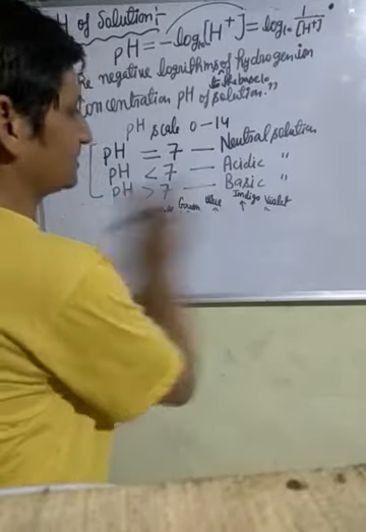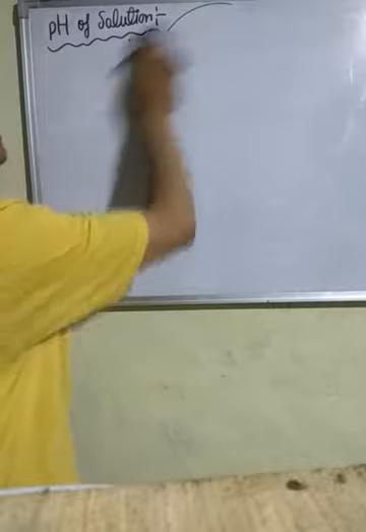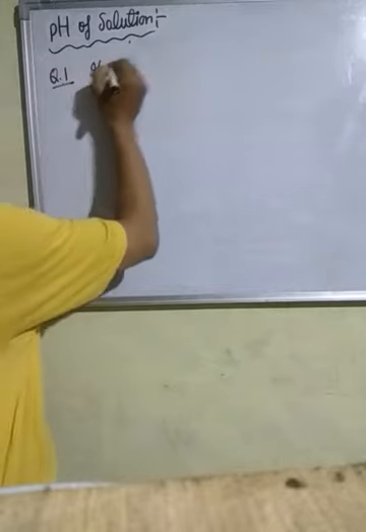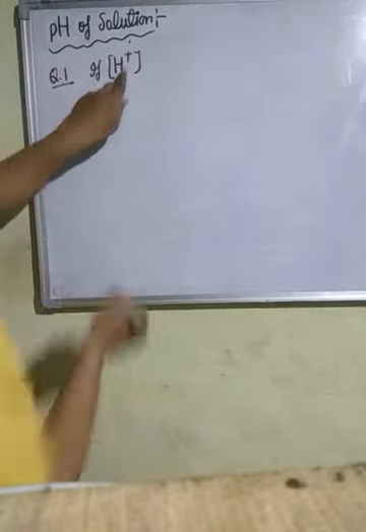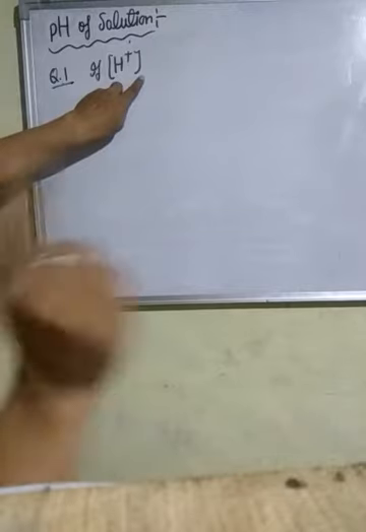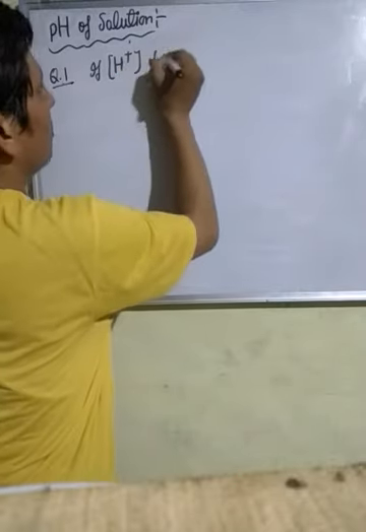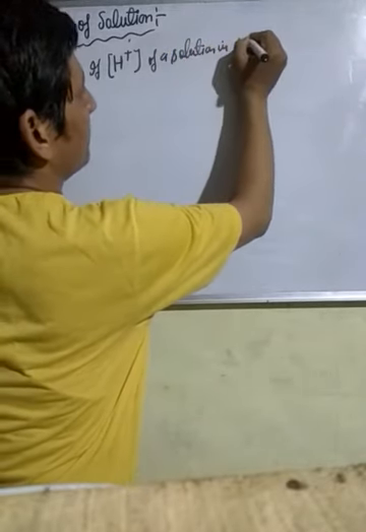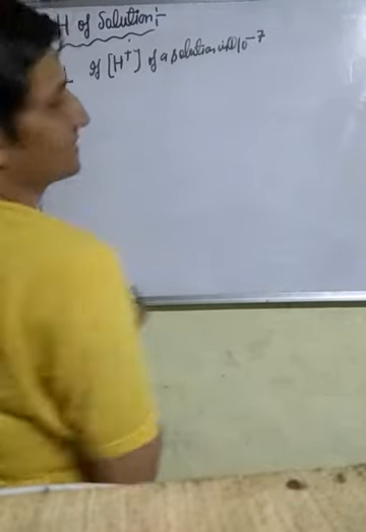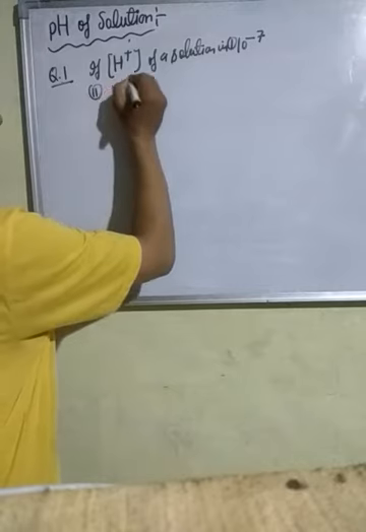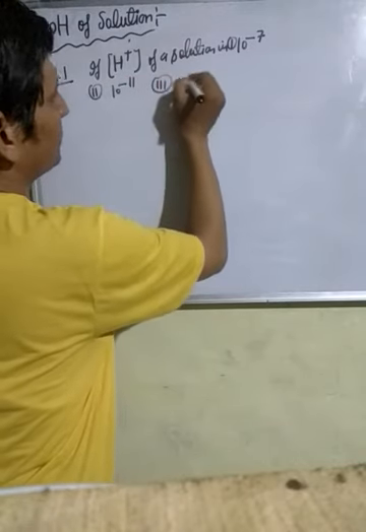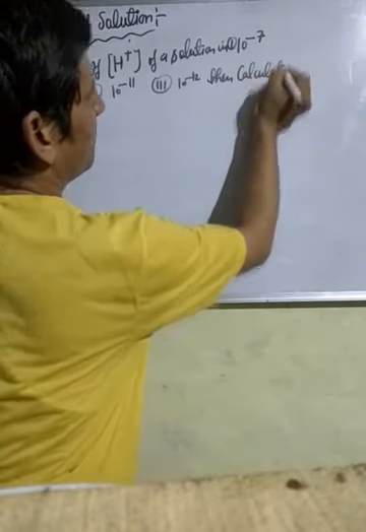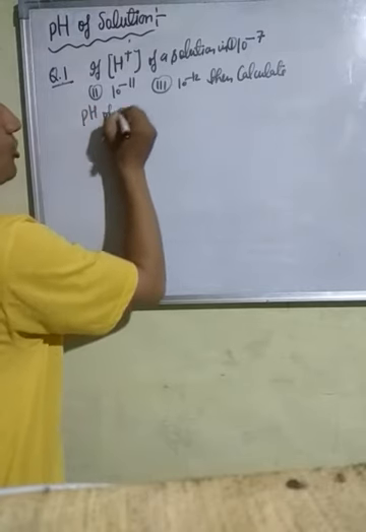If the hydrogen ion concentration of a solution is 10 to the power minus 7, first, 10 to the power minus 7, second, 10 to the power minus 11, third, 10 to the power minus 12, then calculate the pH of solution.